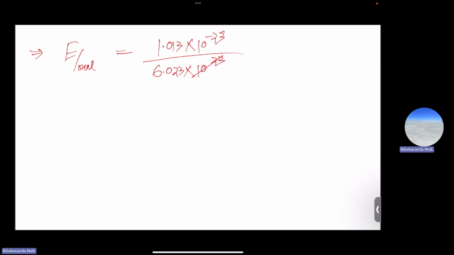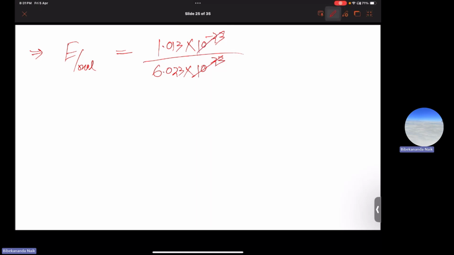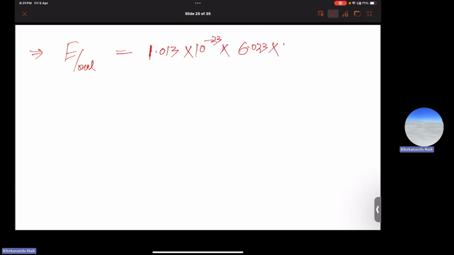Sorry, it will be into kilocalorie per mole, means it is 1.013 into 10 to the power minus 23 into 6.023 into 10 to the power 23.